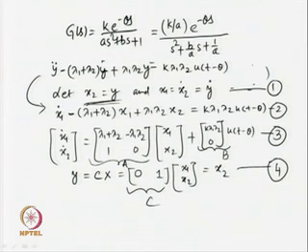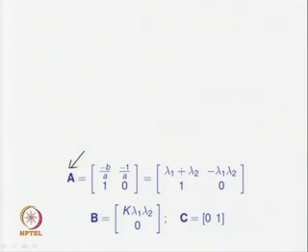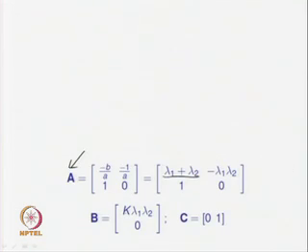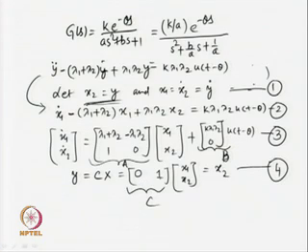Okay. So, that is how A is found to have elements lambda 1 plus lambda 2, minus lambda 1 lambda 2, 1, 0. And similarly, the B matrix has elements k lambda 1 lambda 2 and 0.